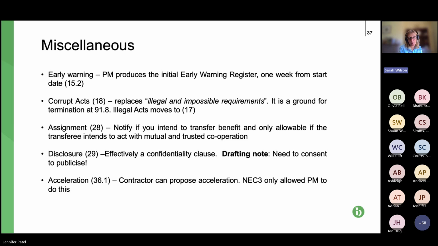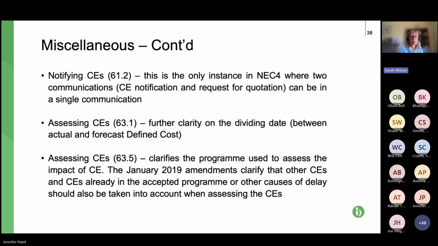Acceleration is where the contractor is going to bring on extra resources to try and catch up and reduce delay. It's not a compensation event, but it's acceleration. So as a contractor or subcontractor, you need the other party's agreement, so the project manager's or the contractor's, to A, accelerate, and B, the costs of it. Okay, next slide, please.